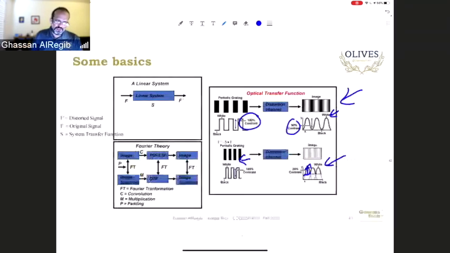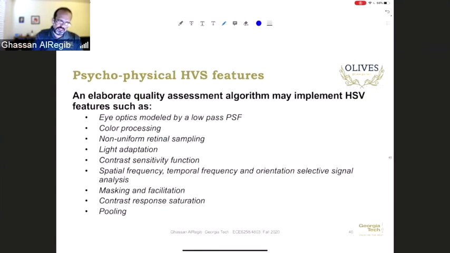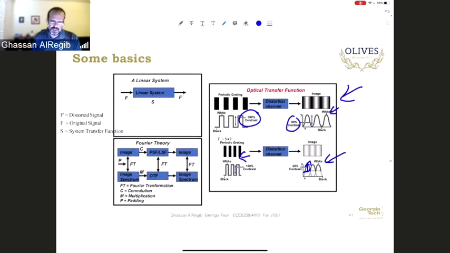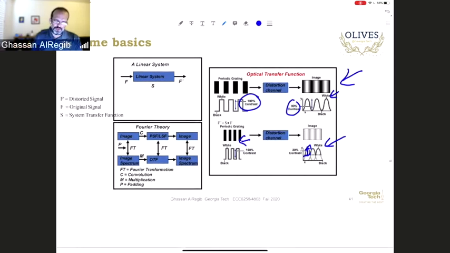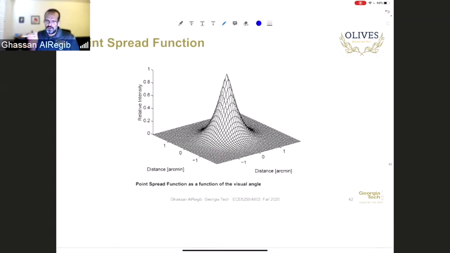So what was next? I'm just throwing at you the concepts that reflect on each one of these, to tell you what we're talking about. Here's the OTF first, and the next one is the point spread function. When you are looking at a specific location in an image, we have non-uniformity in our cells.